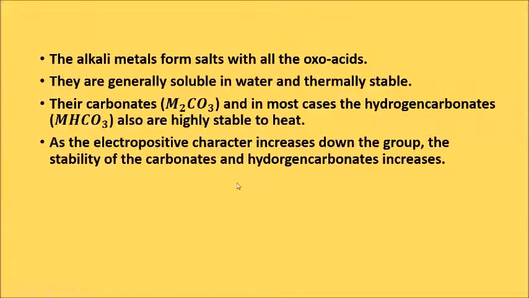As the electropositive character increases down the group, the stability of the carbonates and the hydrogen carbonates also increases. So going down the group, the electropositive or metallic character increases, and so the stability of carbonates and hydrogen carbonates also increases in the case of alkali metals.